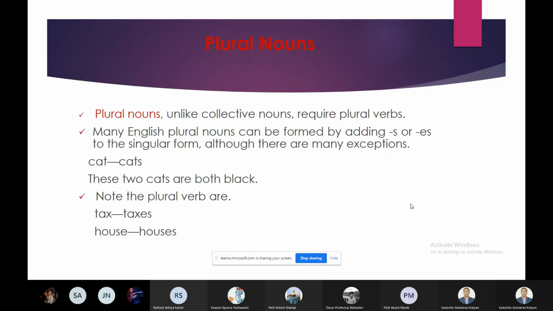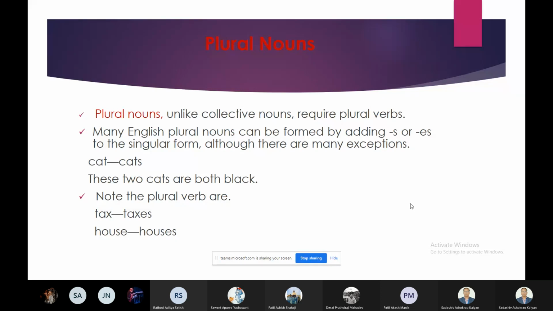Whenever we study about the nouns or about grammar, in grammar, some are exceptions. Okay, so here I have written one example: cat, cats. Here the singular word cat, whenever we add the suffix s to that, becomes the plural form.